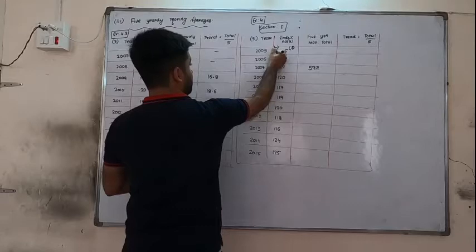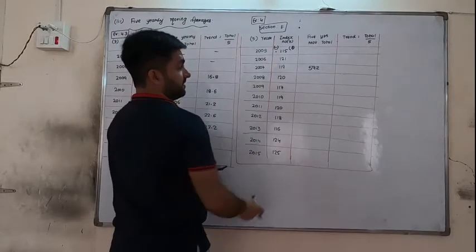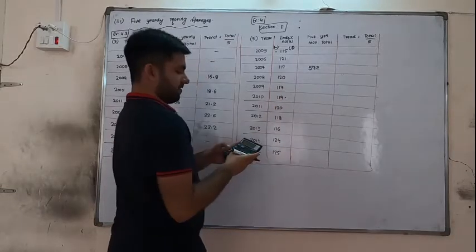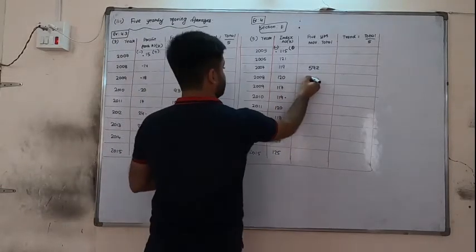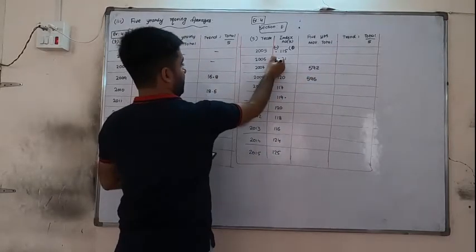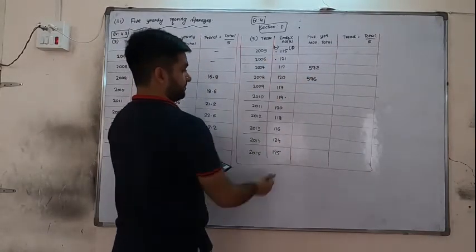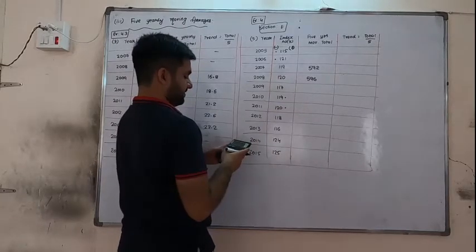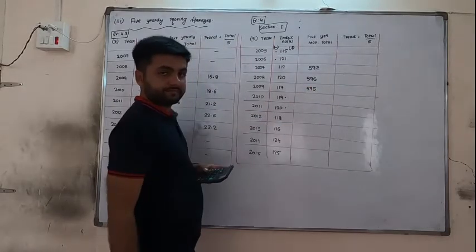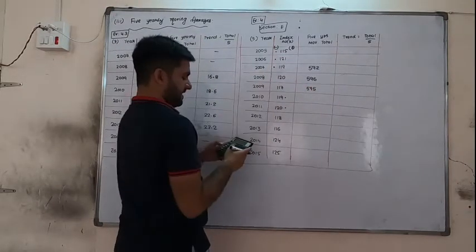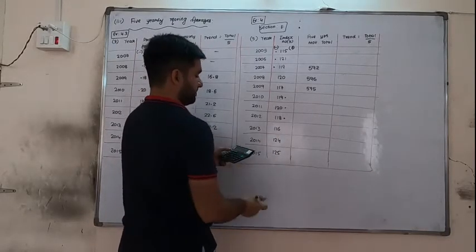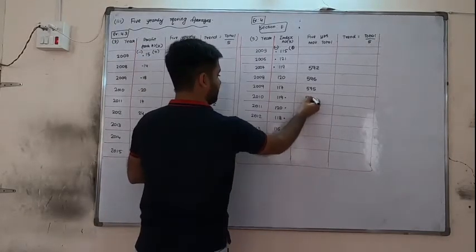Ignore 1, minus 115. Take the sixth value, 1, 2, 3, 4, 5, and the sixth value is 119. So it is 596, minus 121 plus 120, so it is 595, minus 119 plus 118. So it is 594.